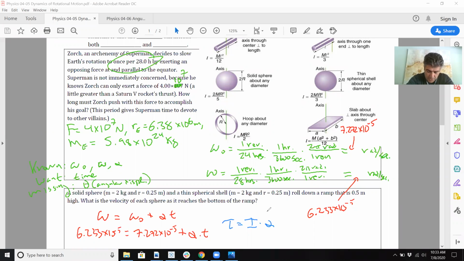Remember, torque is also your force times the radius. So we can actually make some sort of connection here. And actually, that's what I'm going to probably wind up doing to solve for time here. So let me go and erase some of the other stuff. I'll need space, of course.